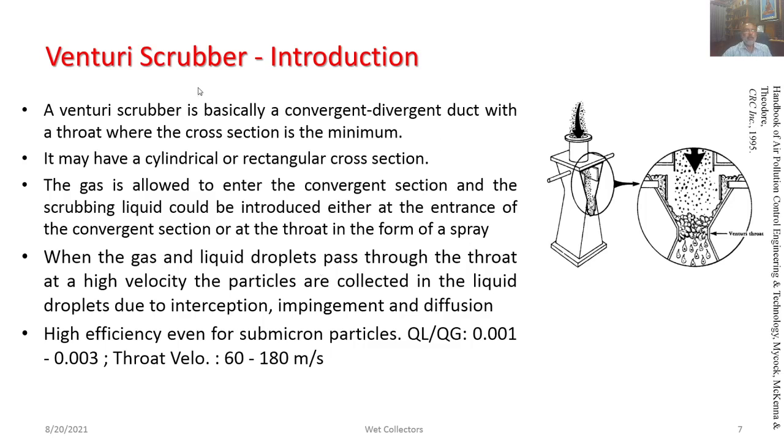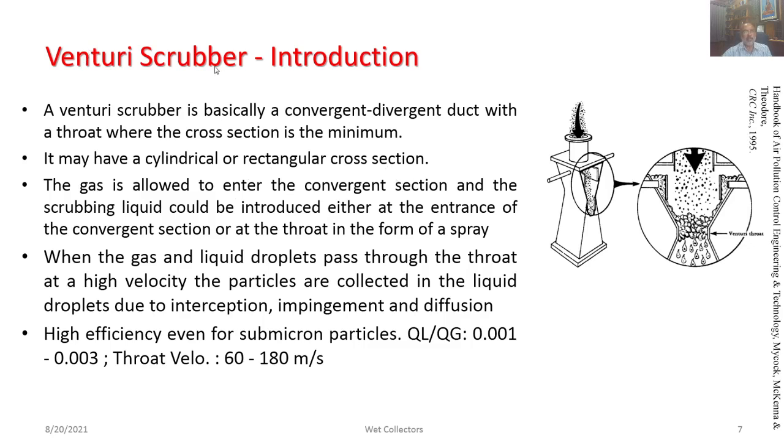One of the important types of scrubbers is the Venturi scrubber. Basically, it is a convergent divergent duct with a connecting throat where the cross section is minimum. The construction could be cylindrical or rectangular in cross section.